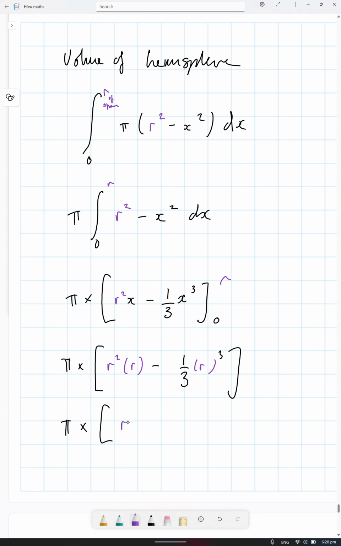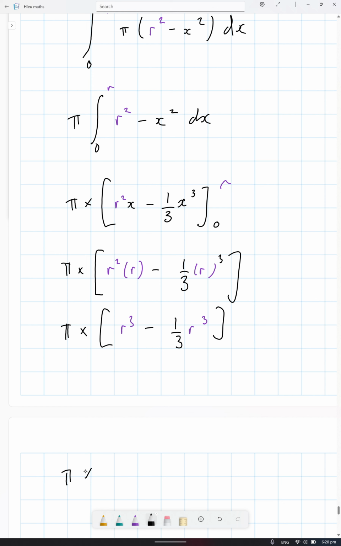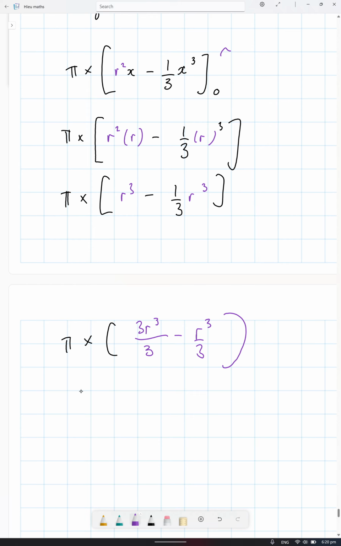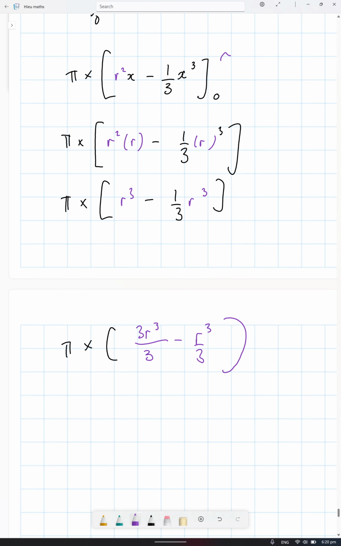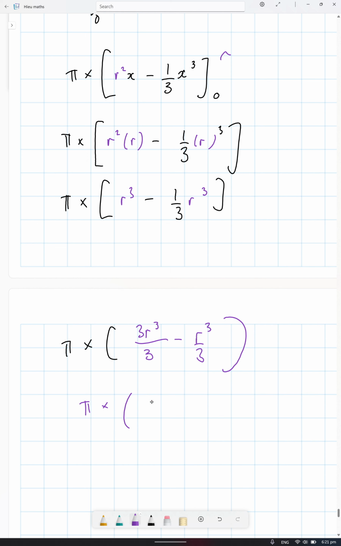We have r cubed minus 1/3 r cubed. That's technically 3r cubed over 3 minus 1 r cubed over 3, so that's just 2r cubed over 3. Then that gives us pi multiplied by 2r cubed over 3, which gives us 2/3 pi r cubed.